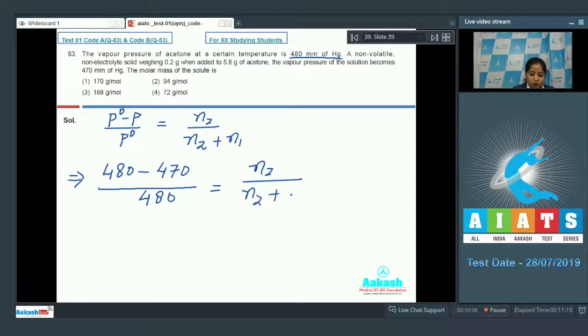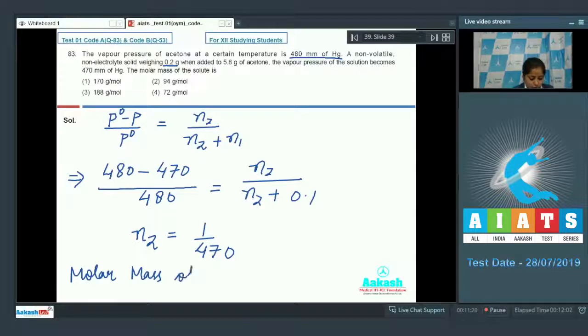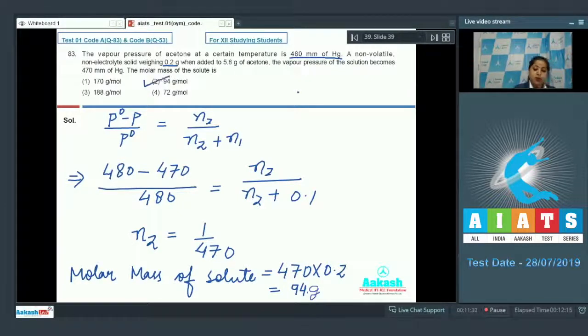The number of moles of the first component is 0.1. So, the number of moles of the second component is 1 upon 470. The mass of the second component is already given, which is 0.2. So, we can calculate the molar mass of the second component or the solute, which is equal to 470 multiplied by 0.2, which is ultimately equal to 94 grams. So, the correct answer is option number 2.